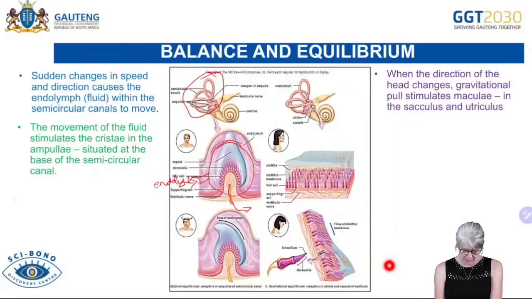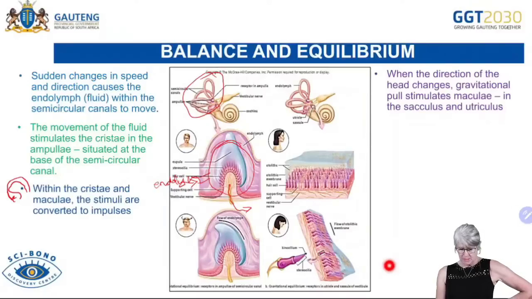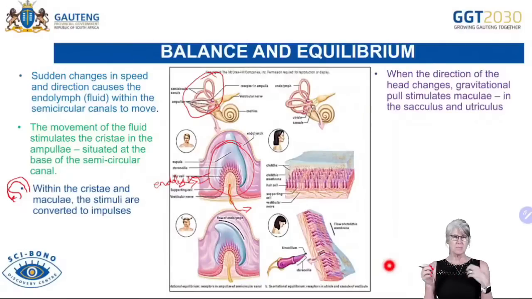So the semicircular canal is like that, but then it has a swollen end that widens, and those little receptors will be found there. As soon as the cristae are stimulated, that allows me to maintain balance. There are impulses that go to my muscles to make sure that while I'm running around, I'm not going to fall over.